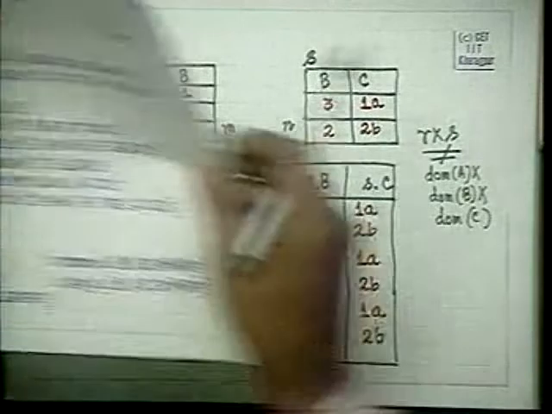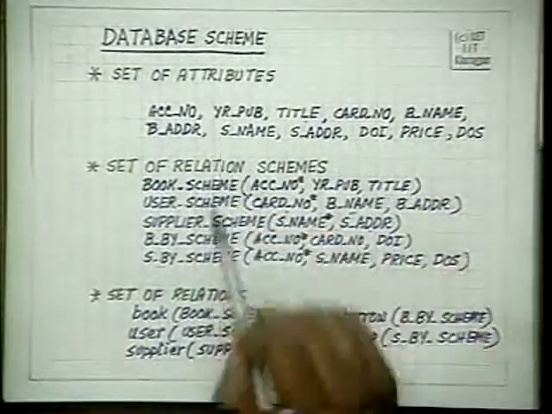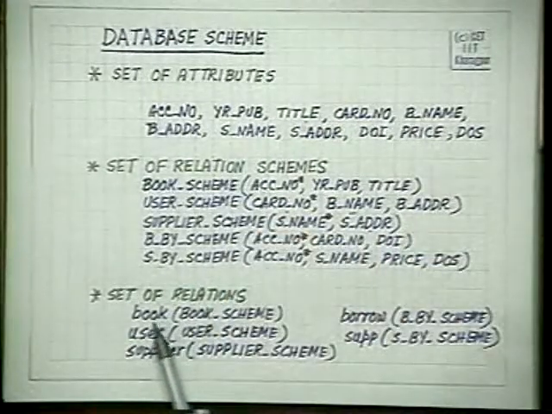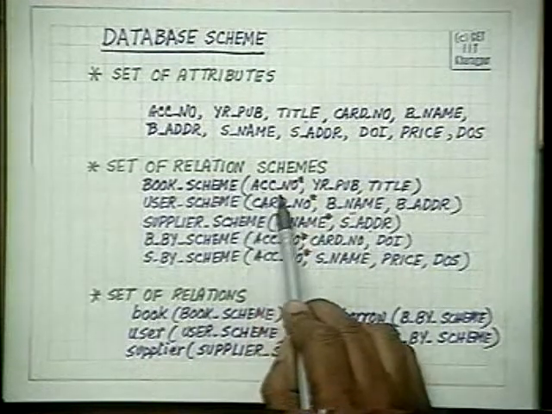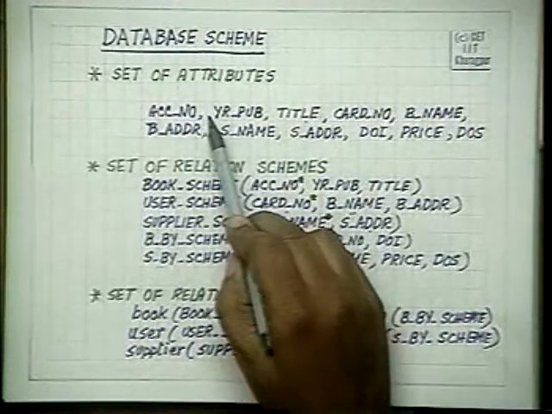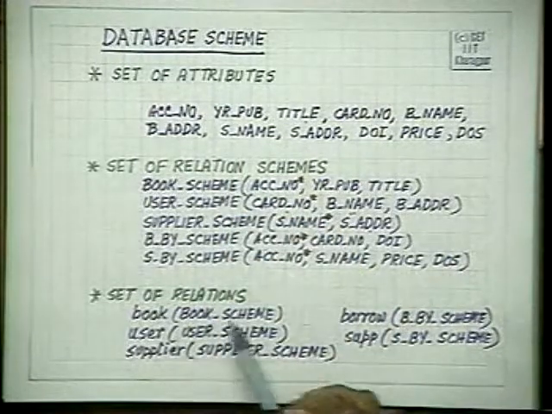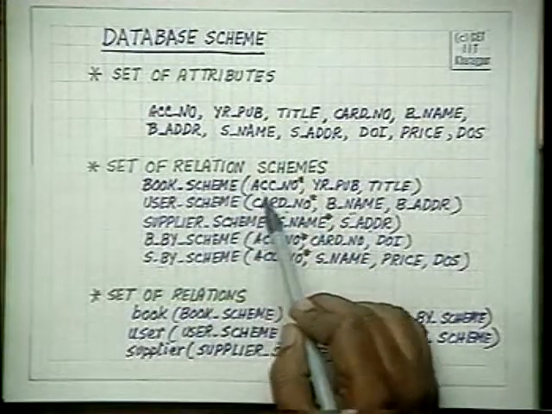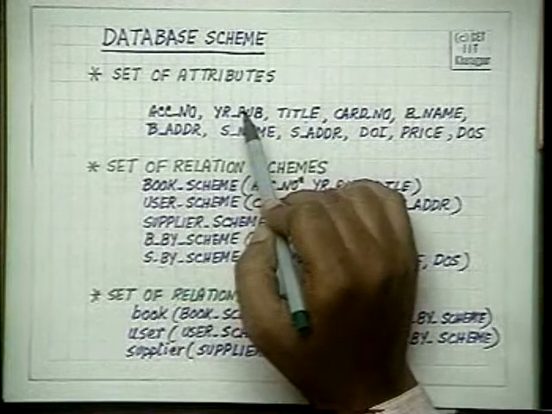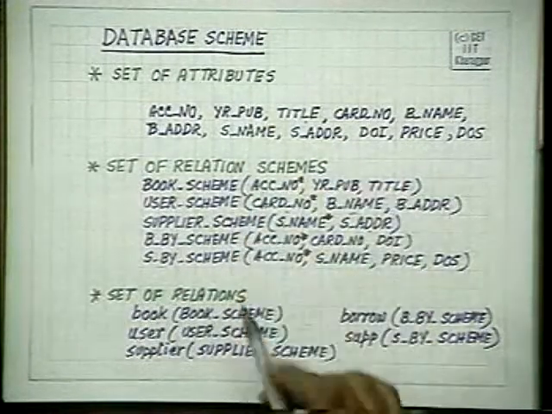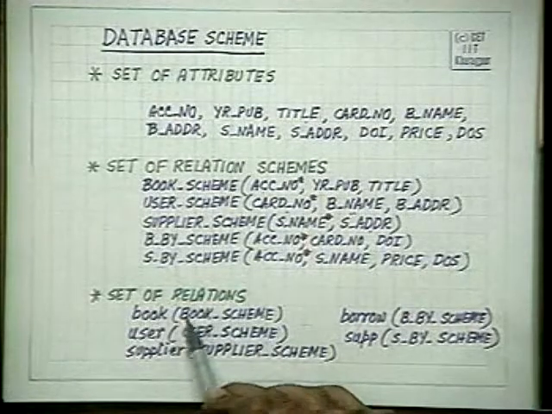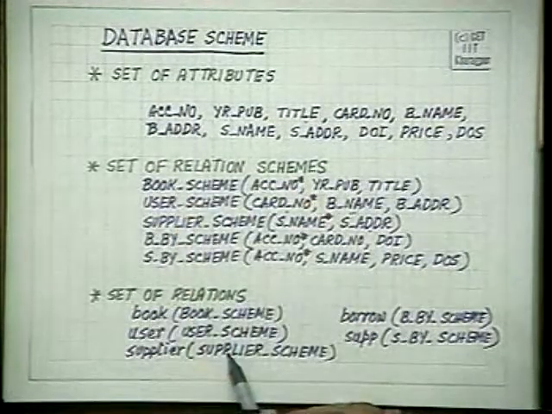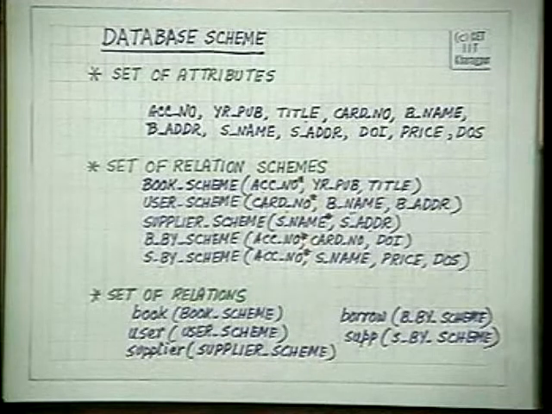A particular relation is defined on a relation scheme, which is defined on the set of attributes. Now, two relations, if they are from two relation schemes, will take the attributes from a common pool. In this particular case, one takes an accession number from this set of attributes and the other takes an accession number from the same set of attributes.